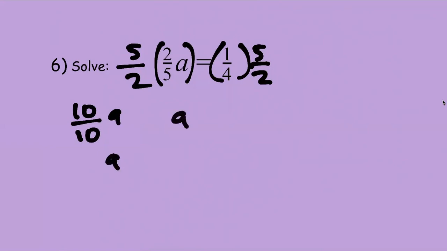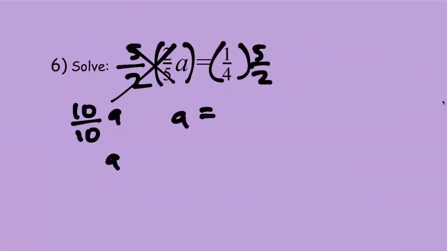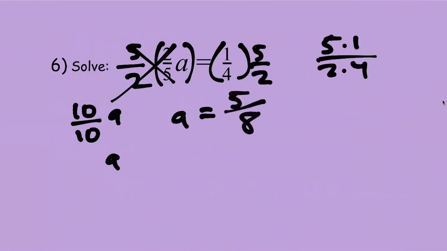So that gives us a. And then 5 times 1 over 2 times 4, which gives you 5/8. 5 over 8.